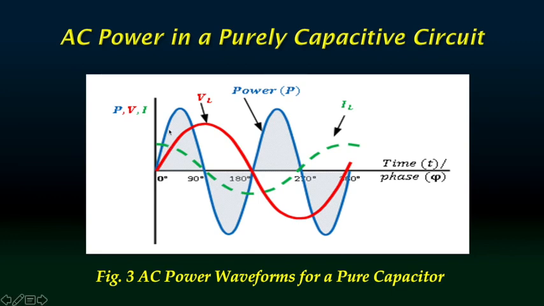Here this current and voltage are multiplied, then we get this power, and similarly this side is positive voltage but this is negative voltage, then multiplying we get this negative power. Similarly this is positive power. Then draw the power waveform for a pure capacitive circuit.